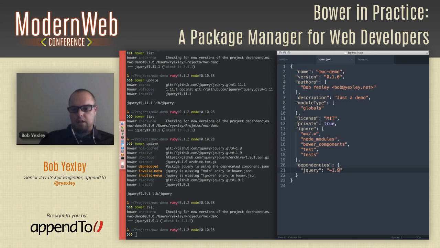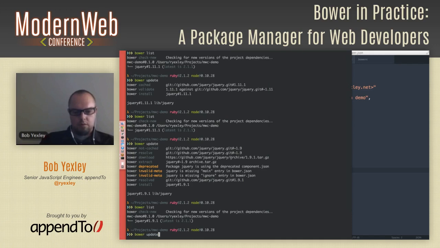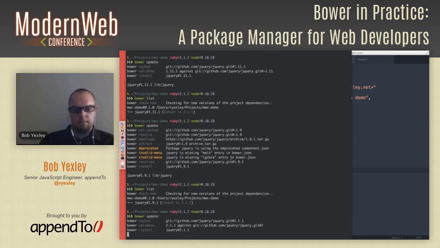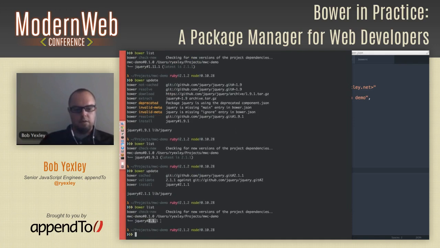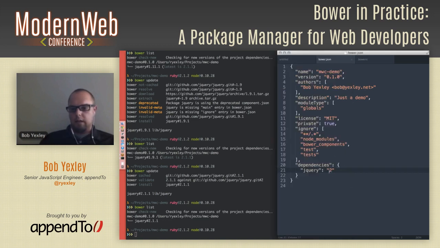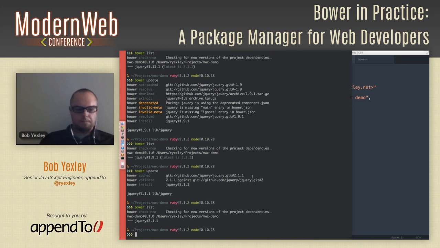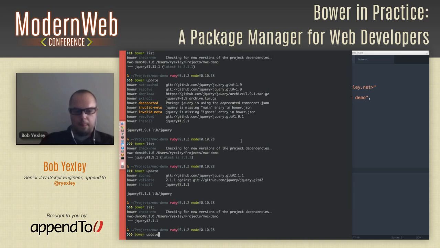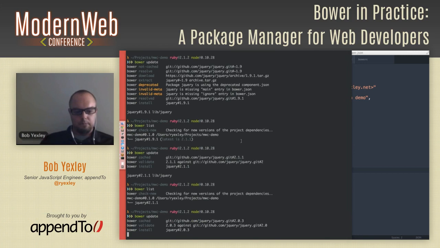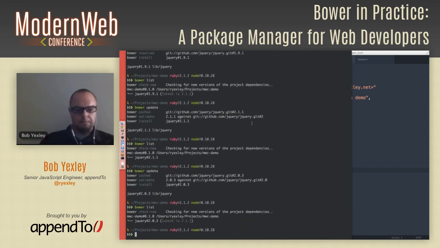If I change this to 2, okay, now we have version 2.1.1 installed, and it's going to leave it at that. If we say 2.0 and list it, now we've got 2.0.3, and the latest is 2.1.1.